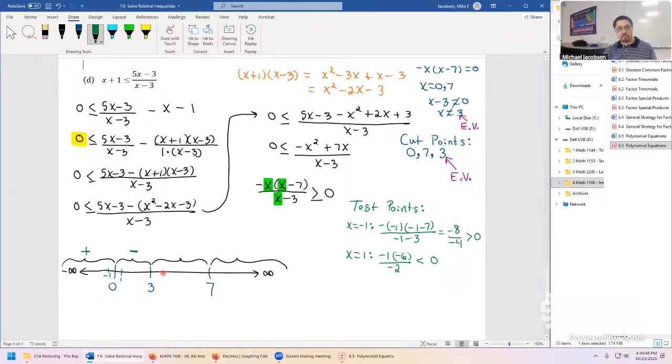Next, probably 4 is a good choice. 5, 6 would do. We just can't use 7. You could use 3.1 if you really wanted to, but I feel like that's working harder than you need to. Integers are usually easier to simplify with. So now we're picking a 4 here. If x equals 4, this thing turns into -4. 4 minus 7 is what we would get here, so that's going to be a -3. 4 minus 3 is going to give us a +1.